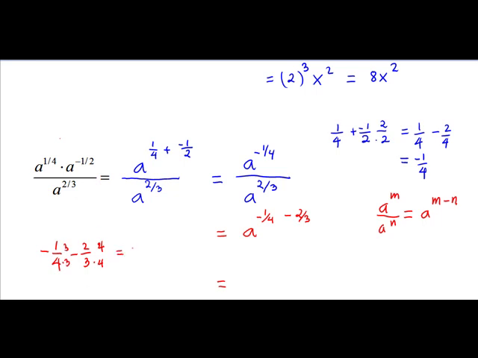So I got minus 3 over 12 and minus 8 over 12. So you have minus 11 over 12. So now these two here become a to the minus 11 over 12. Once again, we do not like to have a minus exponent. We write this as 1 over a to the 11 over 12.